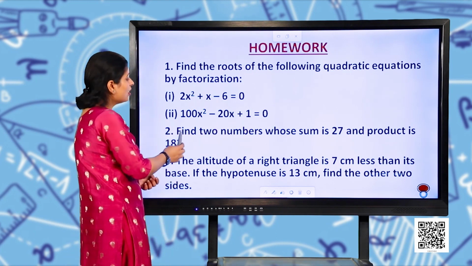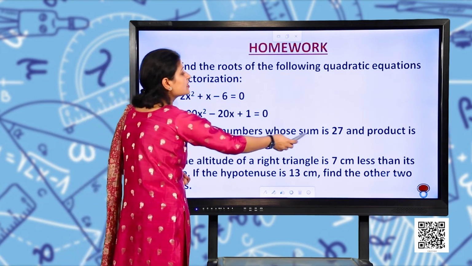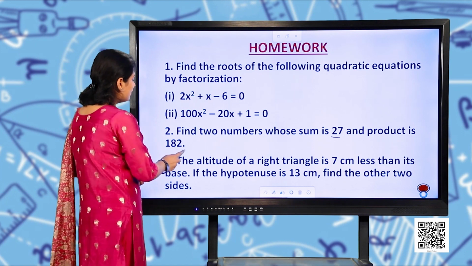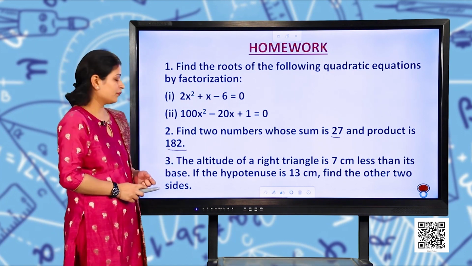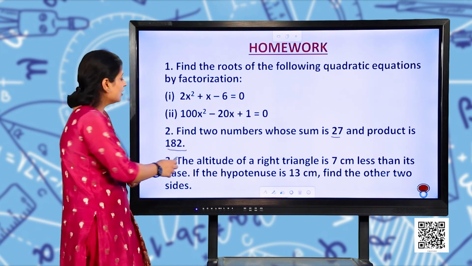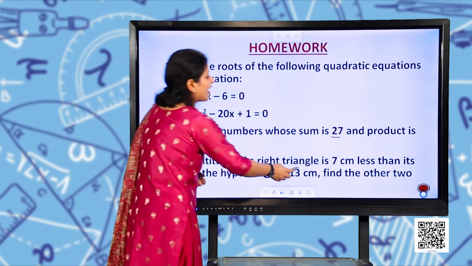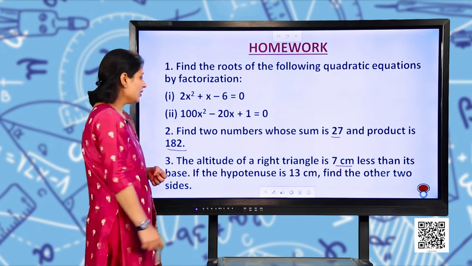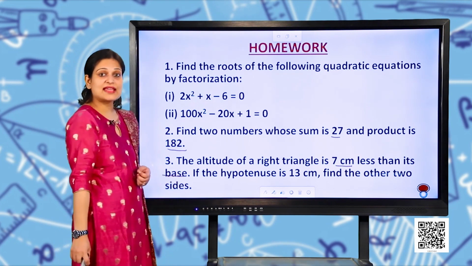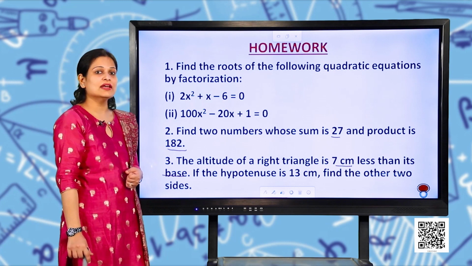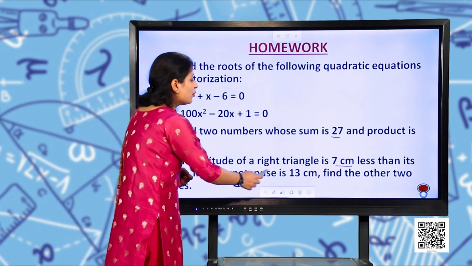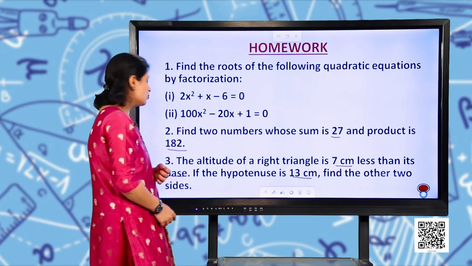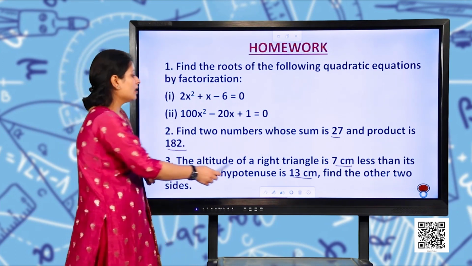Second question, find two numbers whose sum is 27 and product is 182. Third question, the altitude of a right triangle is 7 centimeter less than its base.